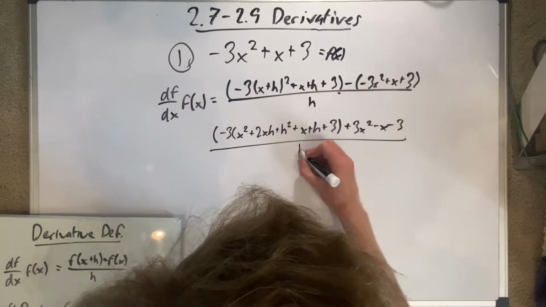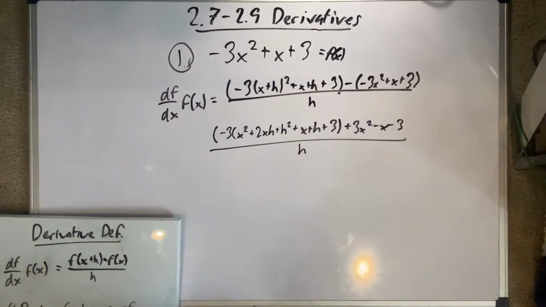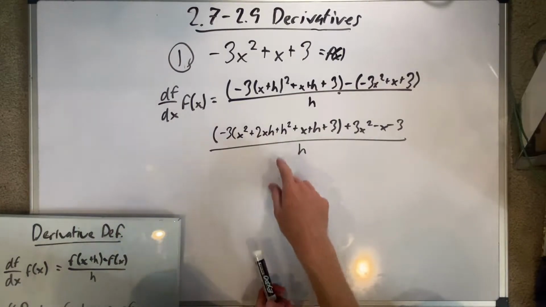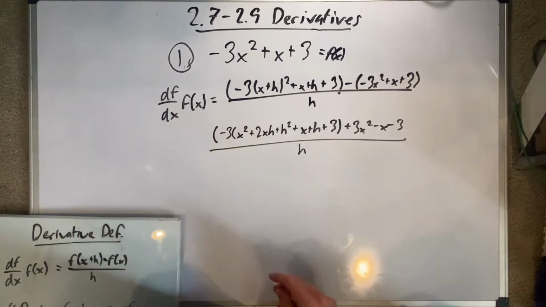Just do algebra. One little thing here is that when we get an h to any power greater than 1, remember from how we derived our derivative, h is a really, really small number, so hitting it with a power of 2 makes it really, really tiny. For calculus purposes, this is negligible.